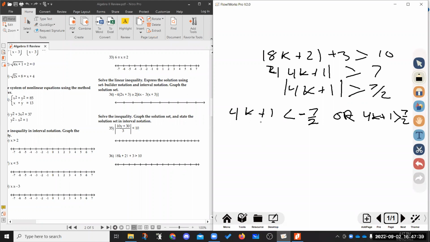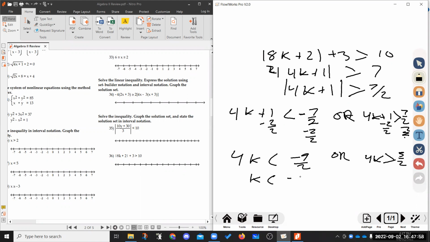All right, so I'm going to subtract 2 from both sides. 4k is less than -9/2, or 4k is greater than 5/2, and divide both sides by 4. K is less than -9/8, or k is greater than 5/8.